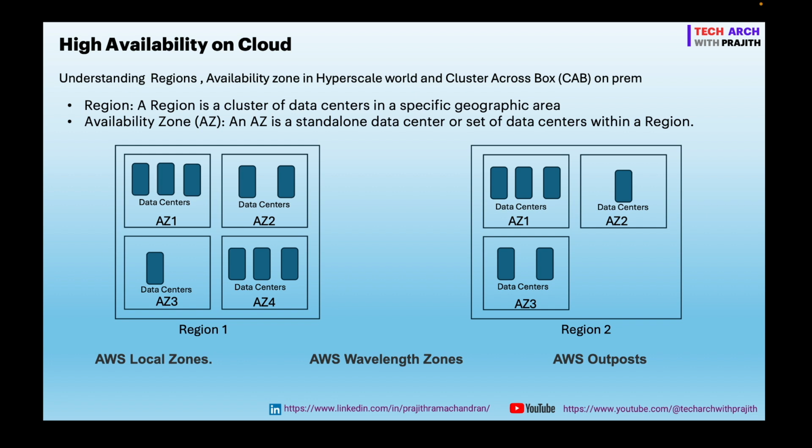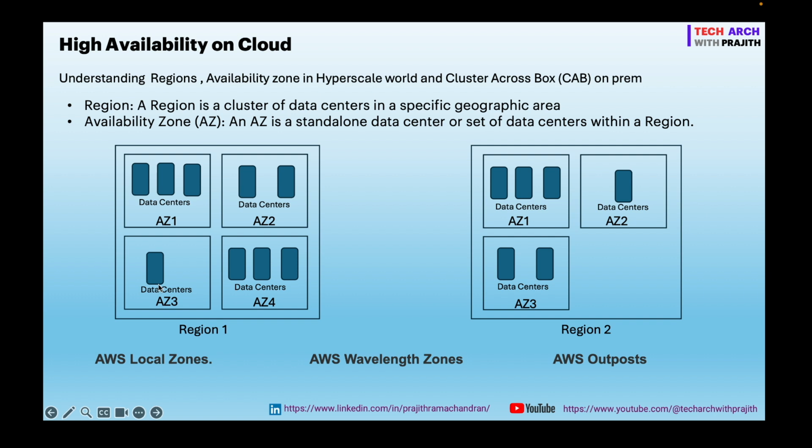So in the case of the cloud, we pick the region and we deploy our compute or our cluster resources across availability zones. That is the whole idea of HA and DR. In the case of DR, we pick 2 regions, region 1 for your primary and region 2 for your secondary, which is a DR cluster.